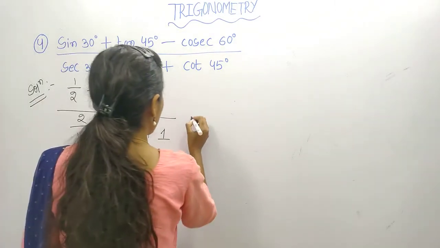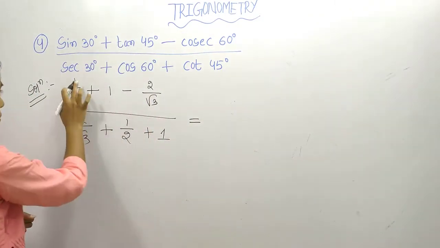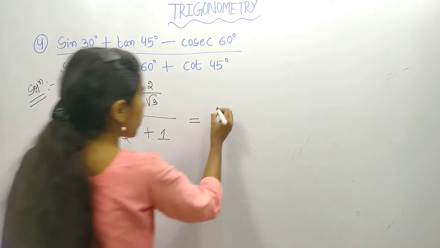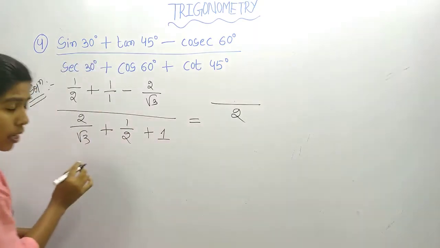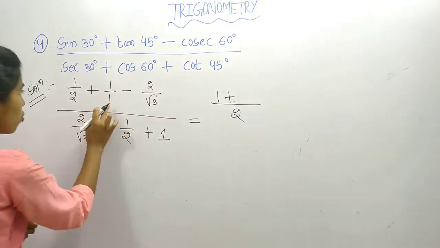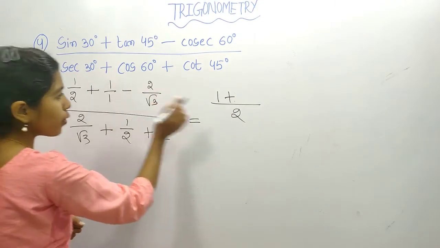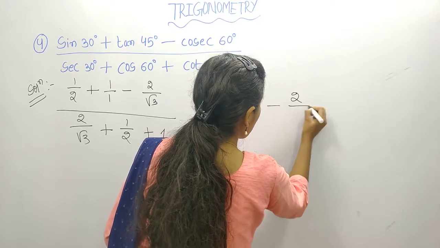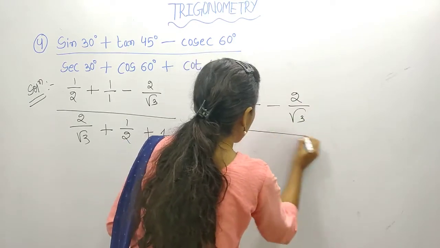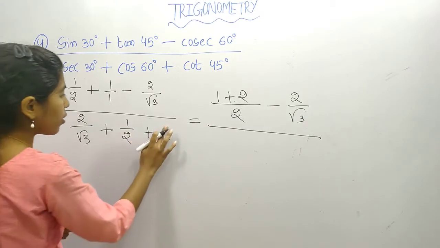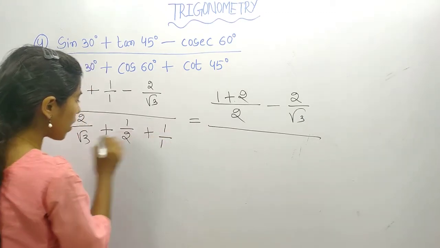Now what will happen, you see here, first we will do the sum. Here nothing is there, means 1. So 2 into 1, LCM will be 2, right? 2 went, here 1 is there, plus 1 into 2, 2, 2 into 1, 2, okay, minus 2 by root 3, divided by, here you see, 2 by root 3 plus 1 by 2 plus 1 divided by 1.